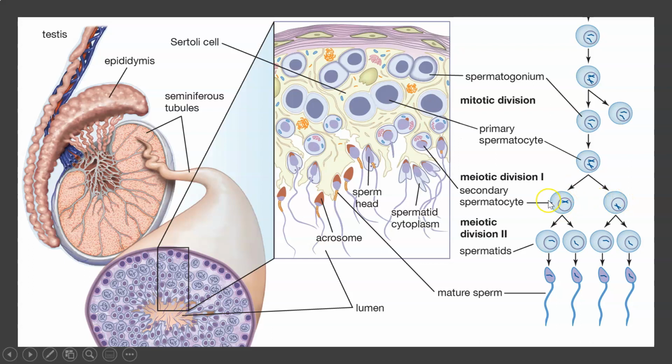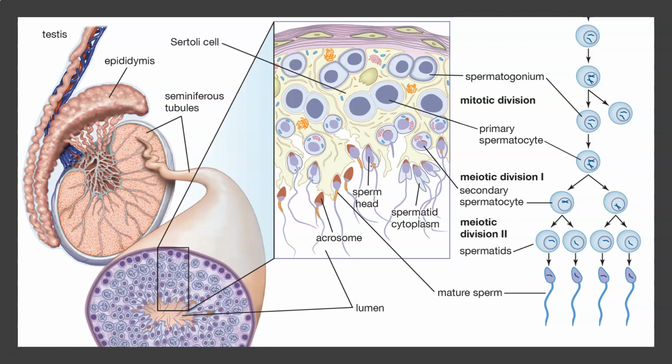So remember from the last lecture video, this is going to go through prophase 1, metaphase 1, anaphase 1, telophase 1, and form 2 cells, each with 1 copy of the chromosomes in it. But each chromosome will have 2 chromatids. They are haploid cells.